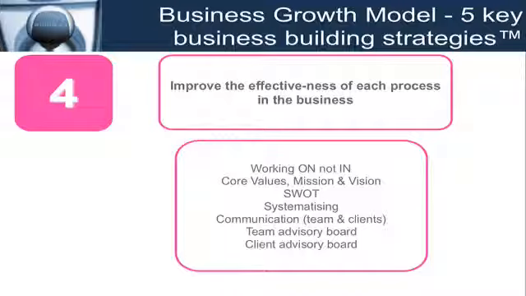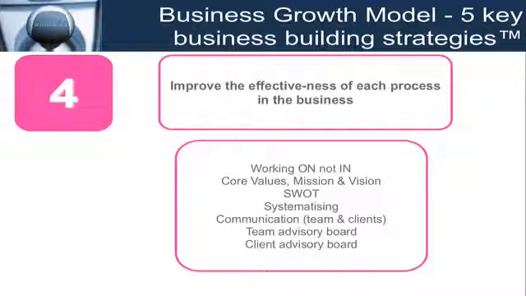By having effective processes, it actually helps us work on and not in our business. It helps us develop our core values, our mission, and our vision. It helps us in terms of communication. We've got to communicate to our team. We've got to have them engaged and have buy-in. We also, in turn, need to communicate with our customers, our clients, and our patients.